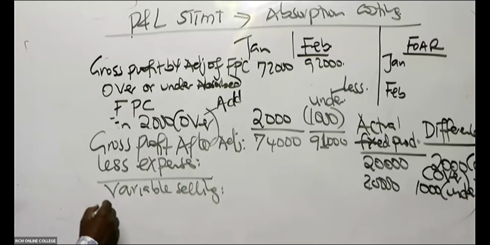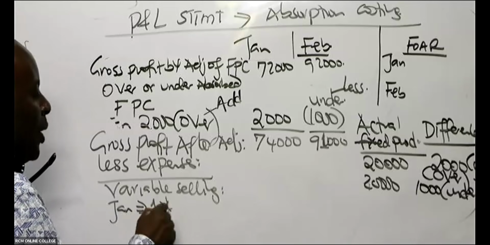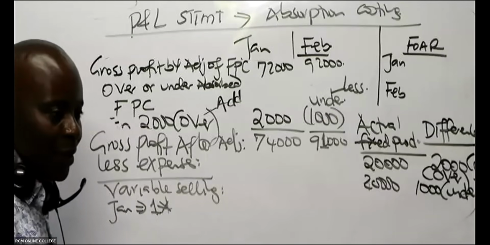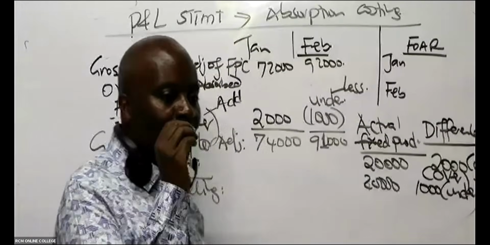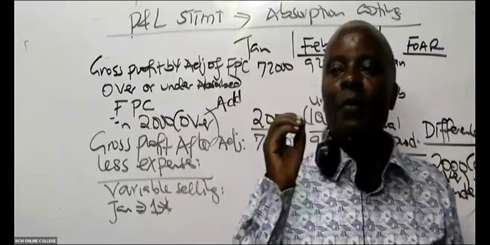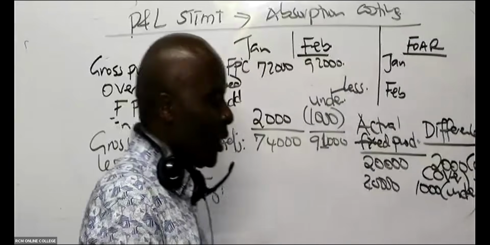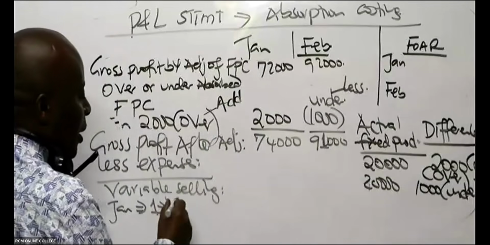So in this case, variable selling in January is 1 times how many units? The number of units you sold in January, because a selling expenditure can never be associated with production. So in January we sold 9,000.